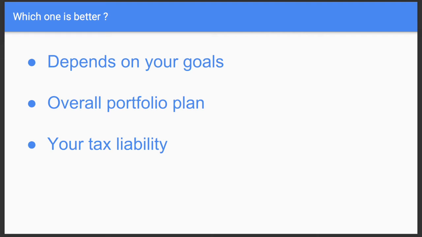And you also have to consider your overall portfolio plan. Maybe in your portfolio plan you might want to have some funds grow long term, but some provide you a dividend so that you can realize a bit of your investment profits to your needs and also your tax liability.